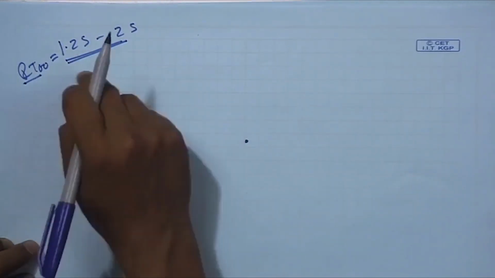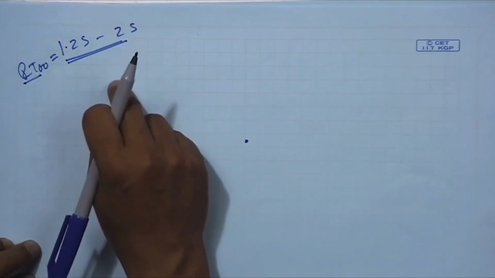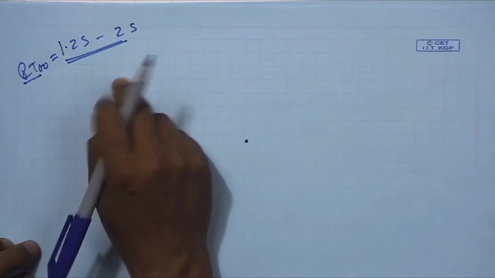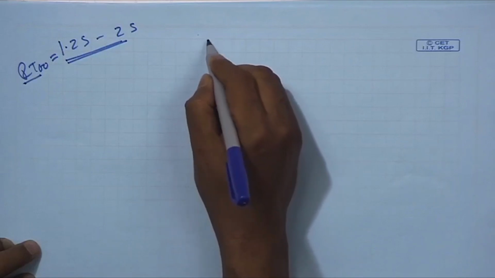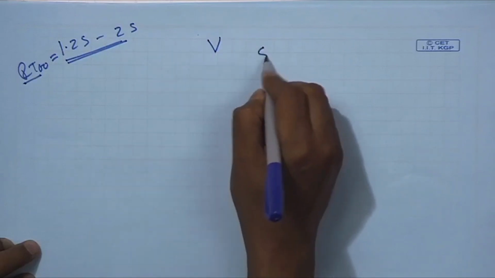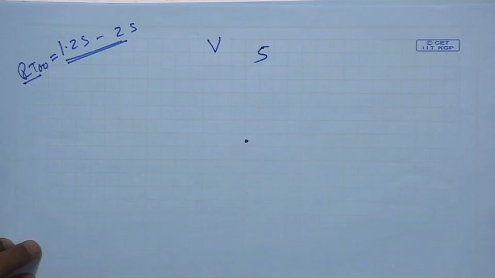Now, if I say that within this range my RT60 should be, then what is given? Civil drawing is given. So, the volume I know, the surface area I know, the different surface areas I know. There is a wall, a door, a window, a stage, a floor, a chair.